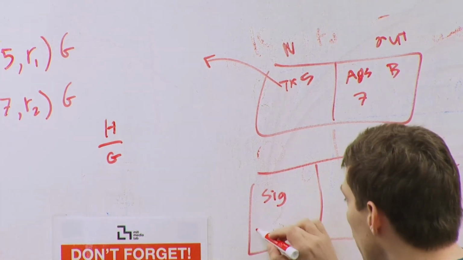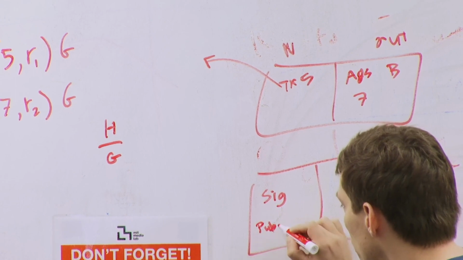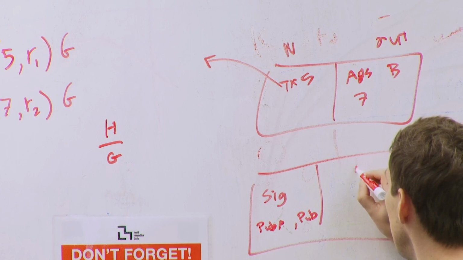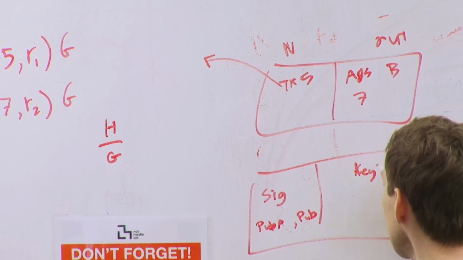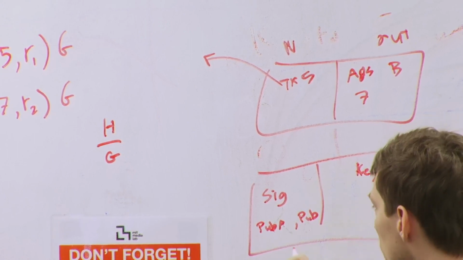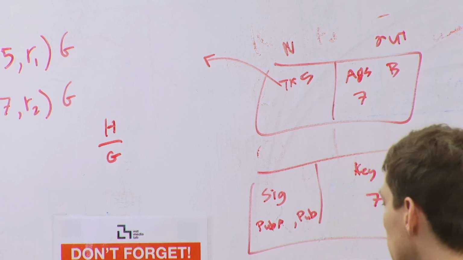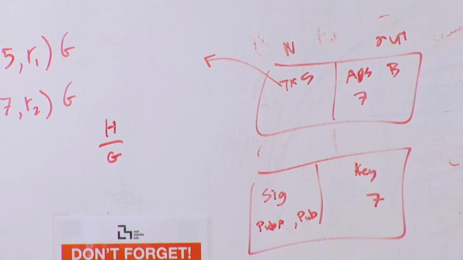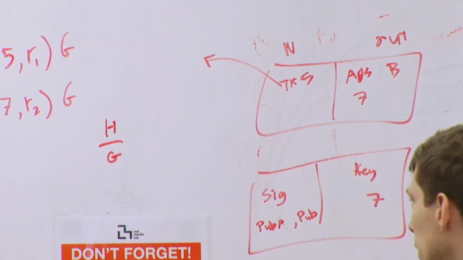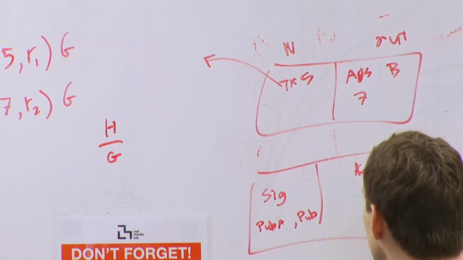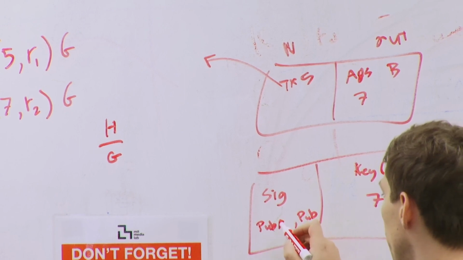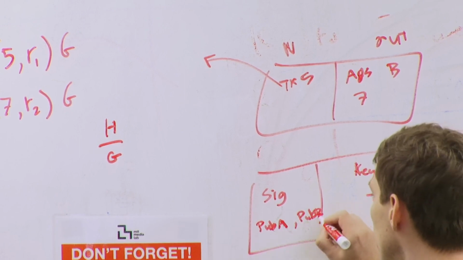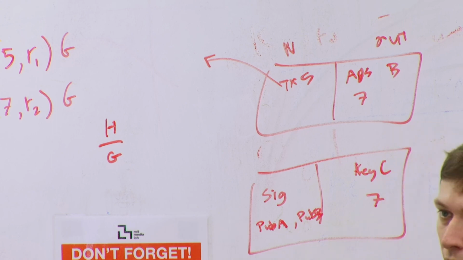So I provide a signature and a list of pub keys, pub A, pub B. The smallest would be 2. And then I provide a key and a number. Instead of thinking of it as outputs, you think of pub keys as having associated values. So you don't look at the transactions themselves. You say, okay, this is key C, and previously pub key A and pub key B have had 7 coins sent to them.